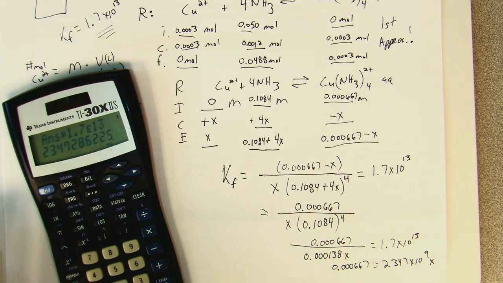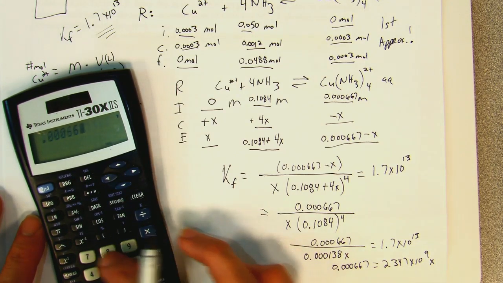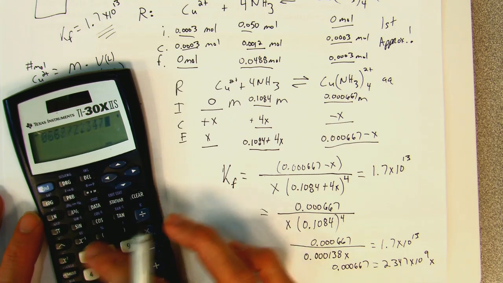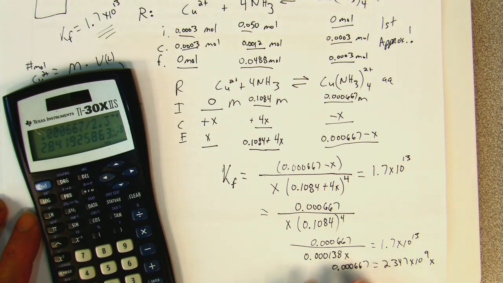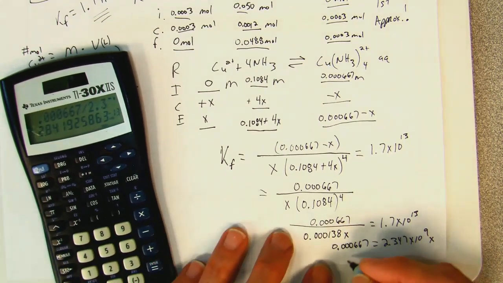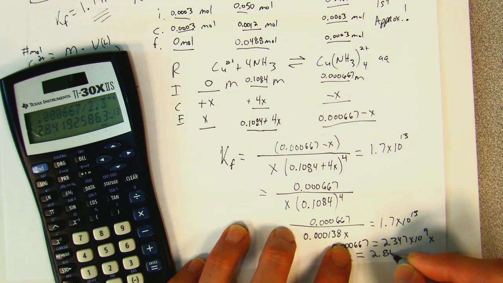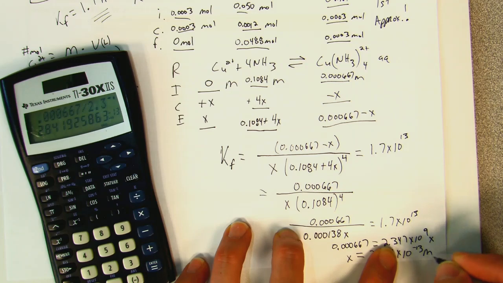So now all I need to do is solve for x. So 0.000667 divided by 2.347 e to the 9th. And lastly, I get x is equal to 2.84 times 10 to the minus 13th moles per liter.